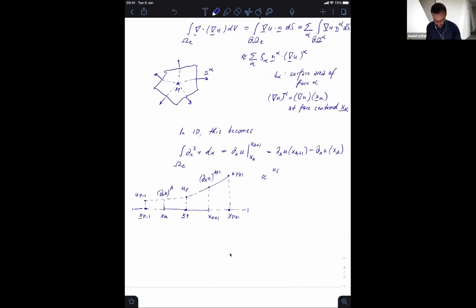We can call this up plus 1 minus up divided by these distances between the centroid points, minus the same on the left hand side, up minus up minus 1 divided by these differences.